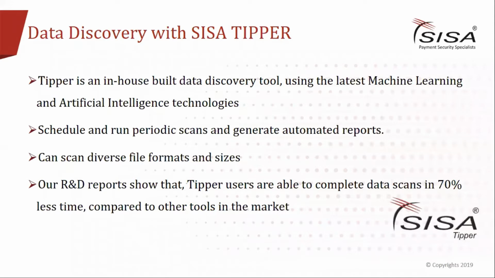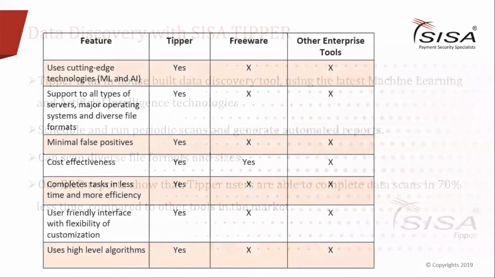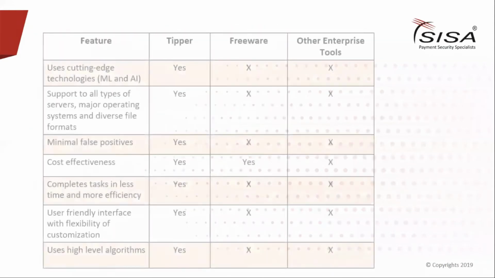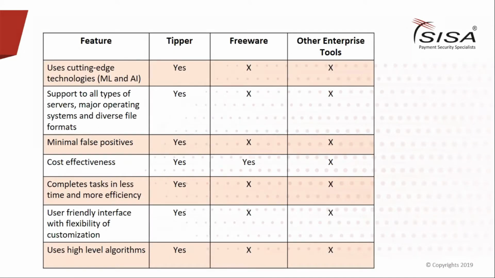Now, how exactly does it compare with other tools in the market? First of all, our tool uses machine learning and AI-based technologies. It supports major types of operating systems and diverse file formats, which you'll see are not available in most freeware and other enterprise tools.